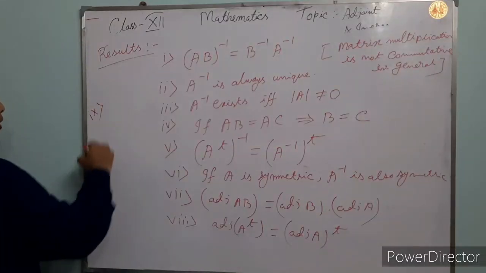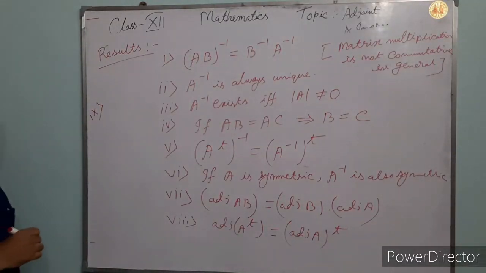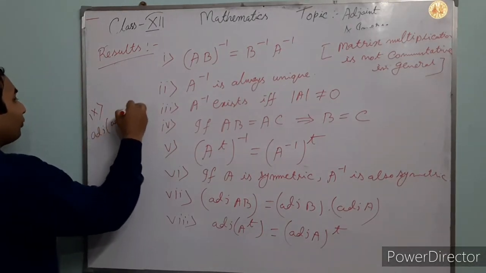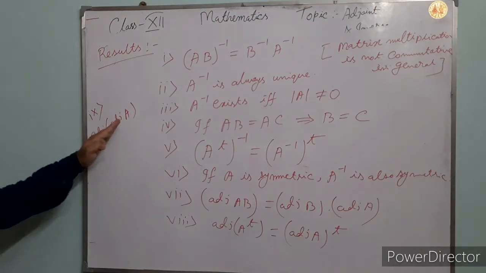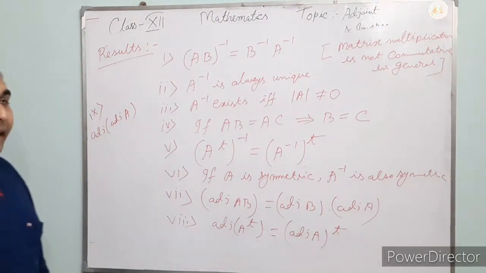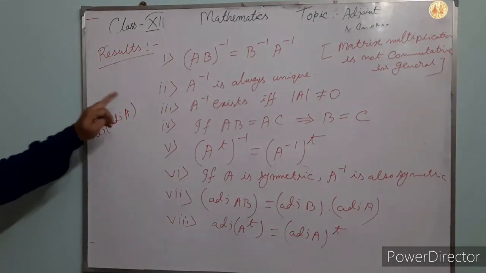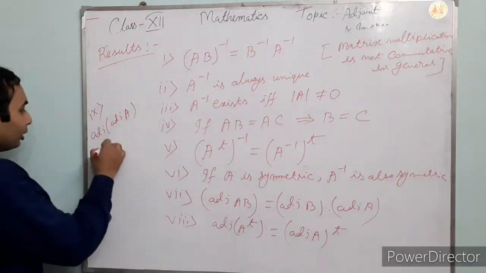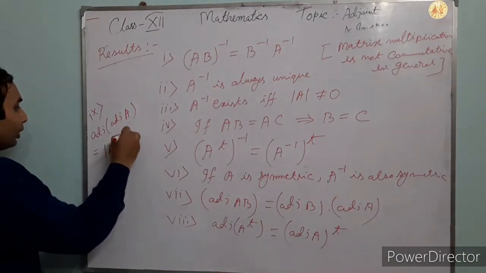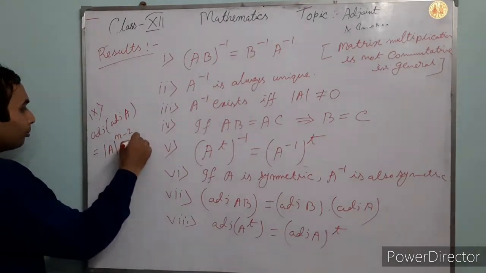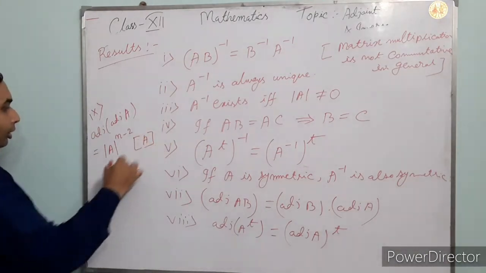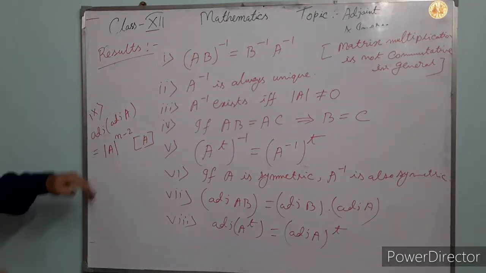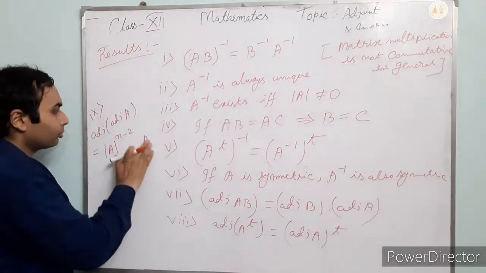Number 9, that is adjoint of adjoint of A. That is, if we find the adjoint of A and again do that same operation with that adjoint A only, then the result will be determinant of A to the power n minus 2 times matrix A. You can write it like this also.